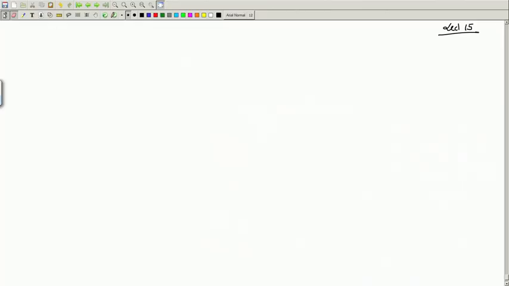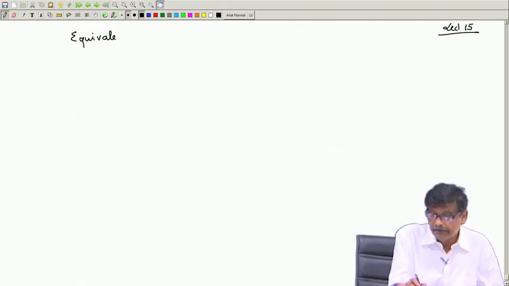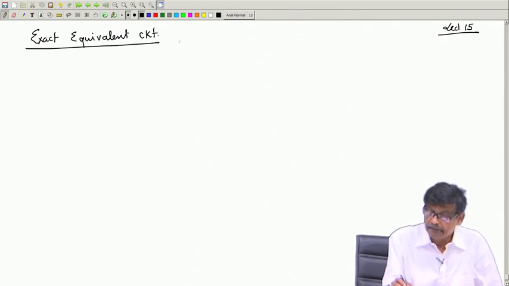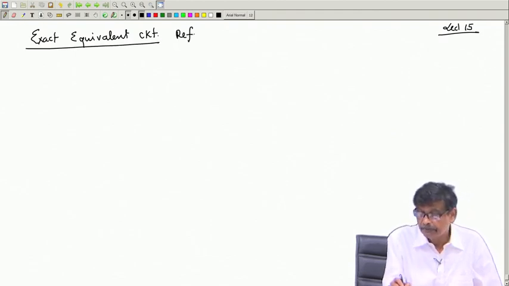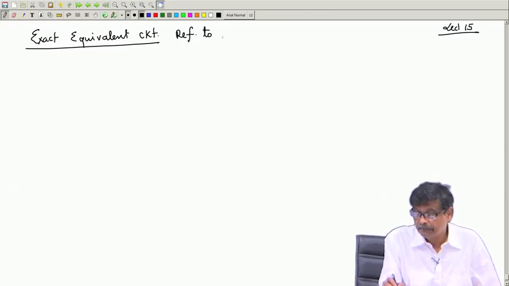So, welcome to lecture 15 and we are discussing the equivalent circuit of a transformer. In fact, this is the exact equivalent circuit, referred to the primary side.